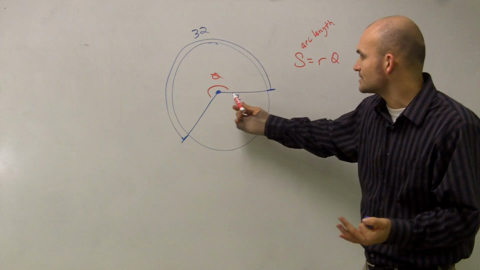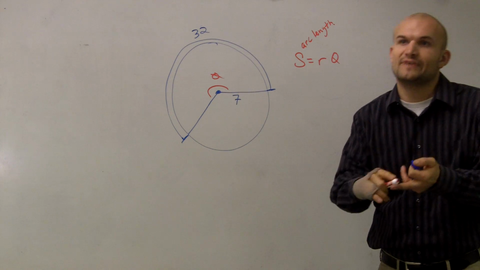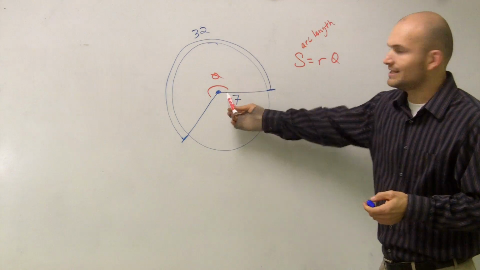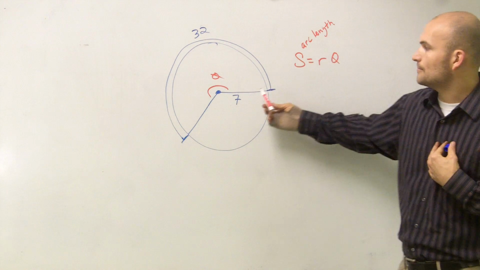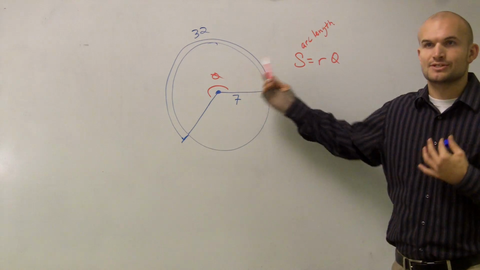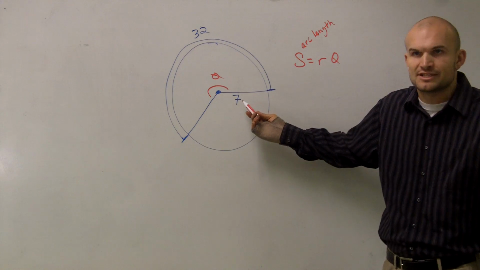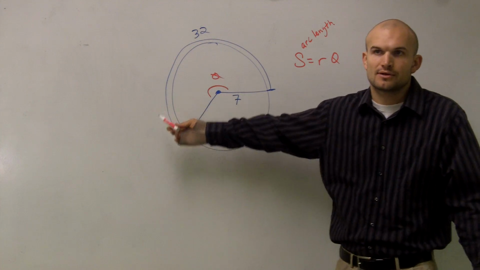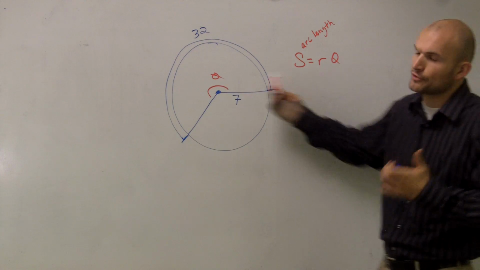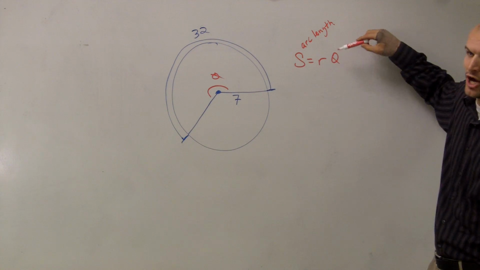Your arc length could be in inches, feet, all like that. But here they don't give you inches; it just says 32 units. My apologies, I misspoke. It's not 32 radians, but your theta always has to be in radians.